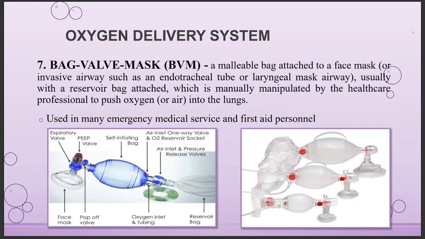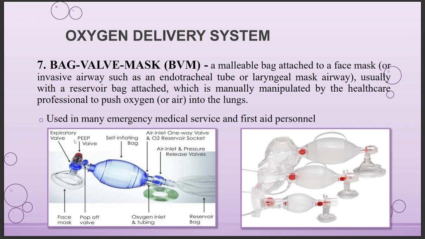Bag valve mask or AMBU device. It is a malleable bag attached to a face mask or invasive airway such as an endotracheal tube or laryngeal mask airway, usually with a reservoir bag attached, which is manually manipulated by the healthcare professional to push oxygen into the lungs. That's why it's called artificial manual breathing unit, that is AMBU, used in many emergency medical services and by first aid personnel.